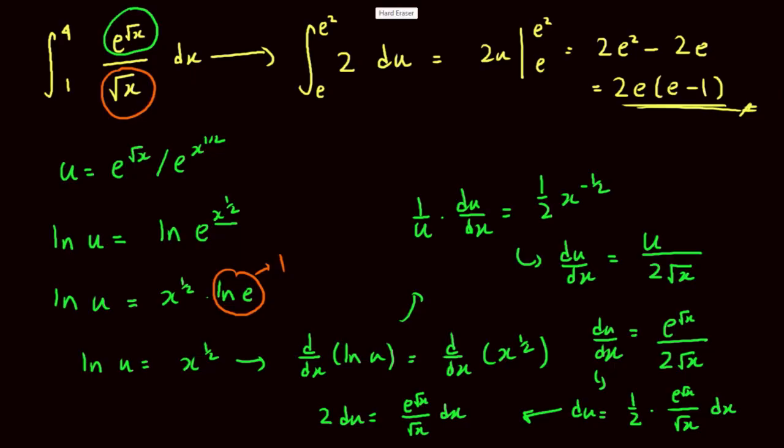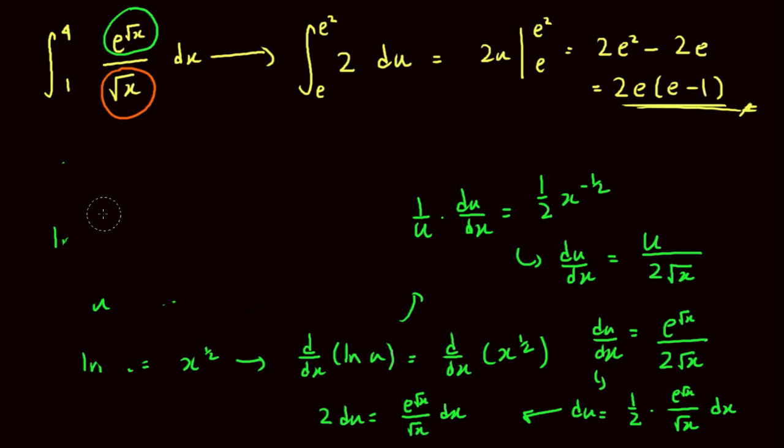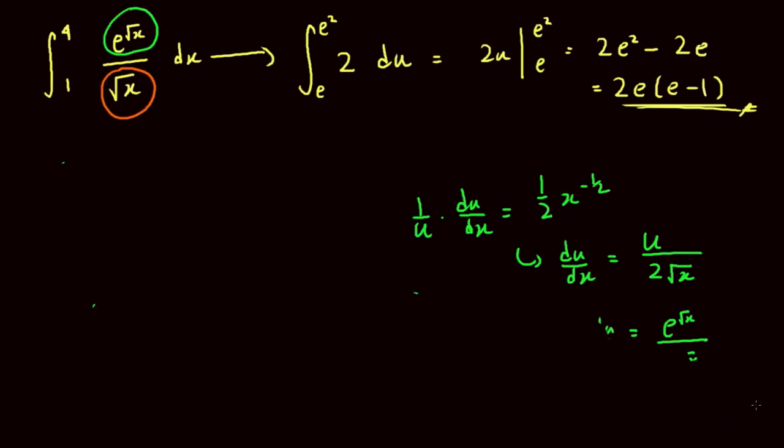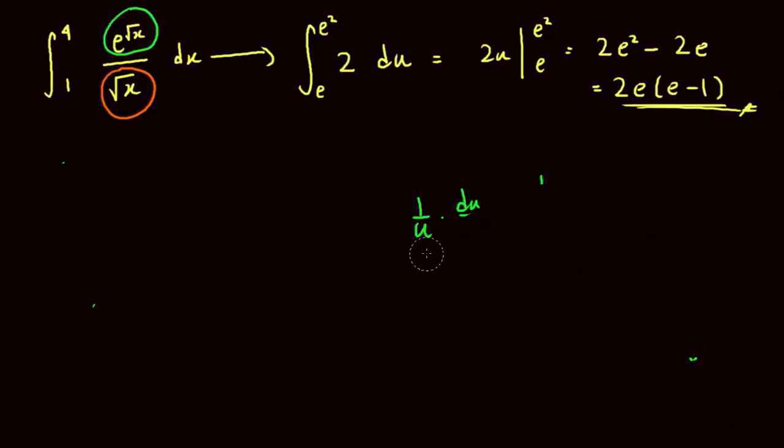Now let's say I were to use a different u. For instance, we don't use e to the power root x. Let's say our u is root x, or we can simply write x to the power of half. So our du dx is fairly straightforward.